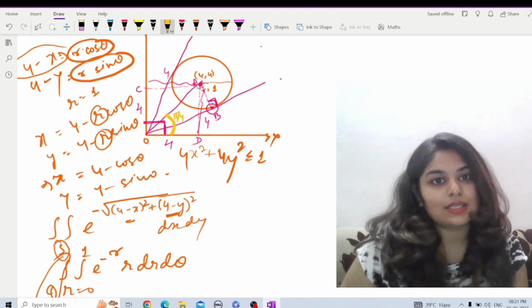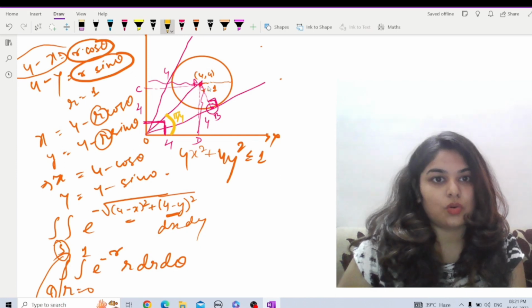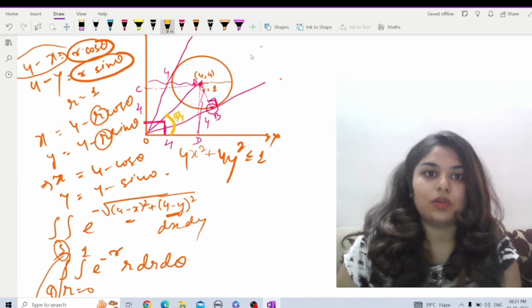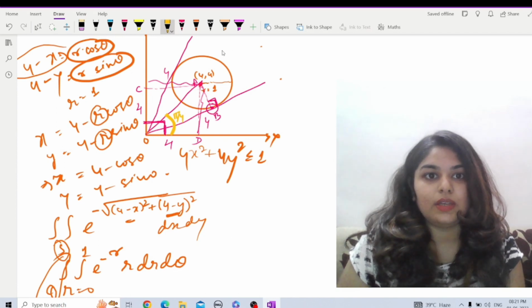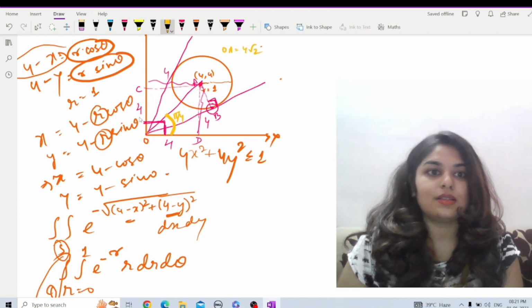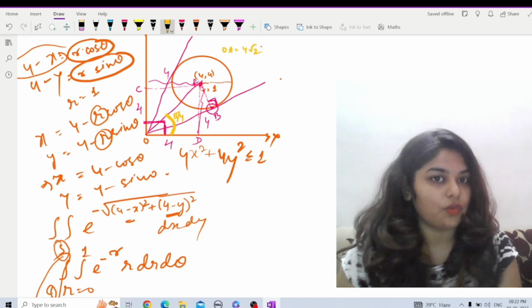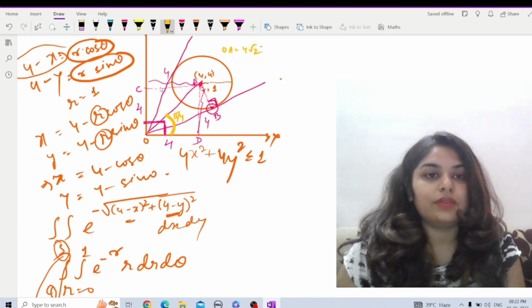Also this distance from O to A can be found by using the distance formula. By using the distance formula, we have OA equals 4 root 2, right? These are the center, this is the origin.